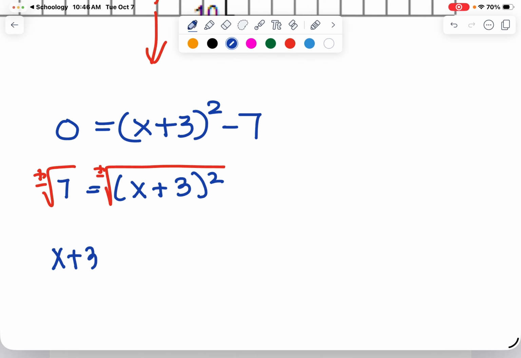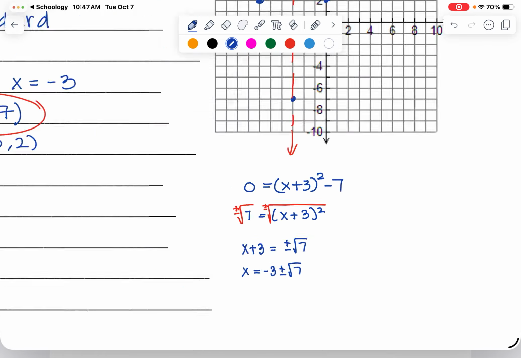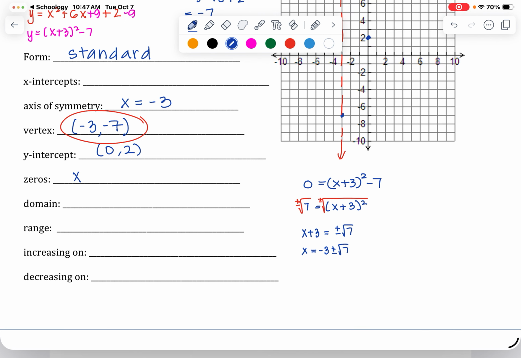X plus 3 equals plus or minus root 7, and then subtract 3 from both sides. So x equals negative 3 plus or minus root 7. So those are my zeros. X equals negative 3 plus root 7, and x equals negative 3 minus root 7, which we can write like that. And then my x-intercepts, same thing, negative 3 plus or minus root 7, comma 0.